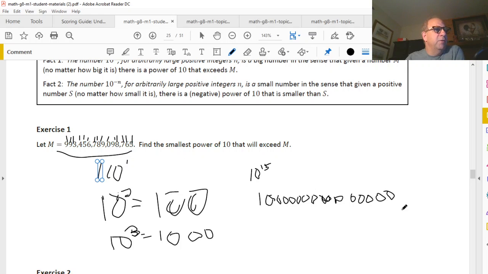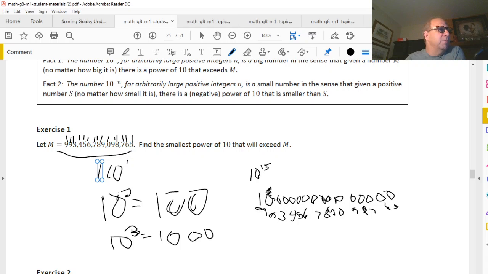And that's bigger than this number because we have the 5, the 6, the 7, the 6, the 8, the 9, the 0, the 9, the 8, the 7, the 6, the 5, the 4, the 3, the 9, and the 9.